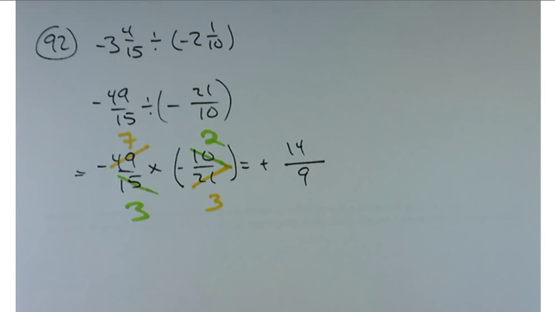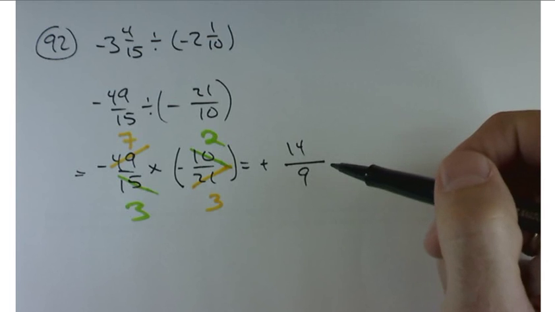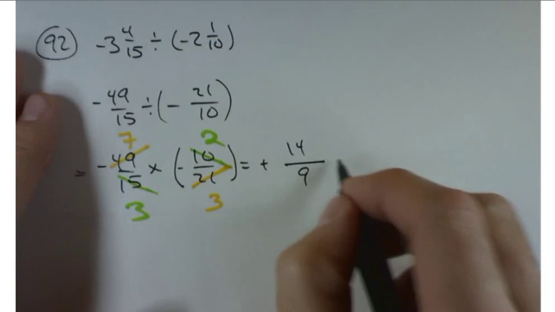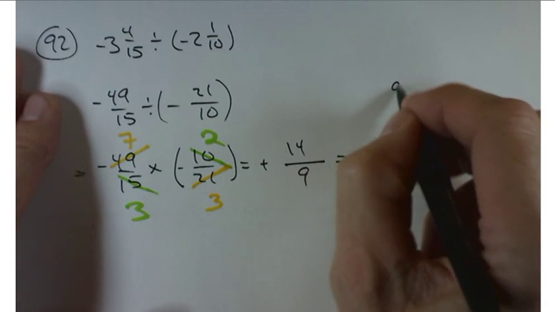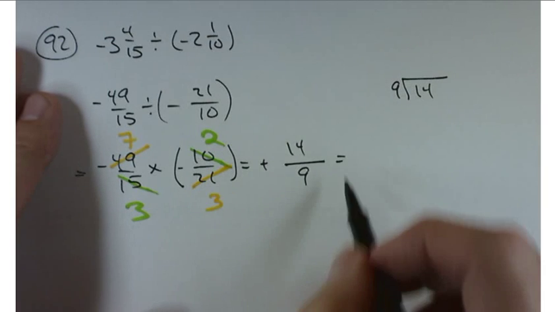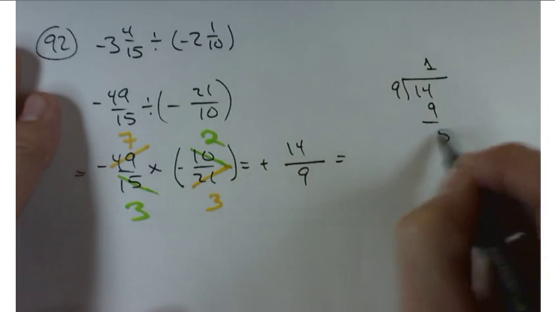Yeah, you can make it a mixed number, but it is in lowest terms. There's nothing that goes into both of these at the same time. So on the test, typically all I'm looking for is lowest terms. I don't really care if you put it as a mixed number or an improper fraction. But just to finish this out, for those of you who uncomfortable with an improper fraction, 9 goes into 14 once with a remainder of 5.